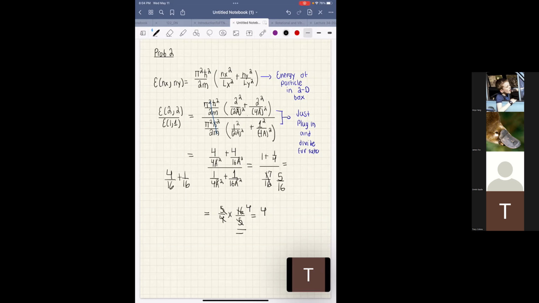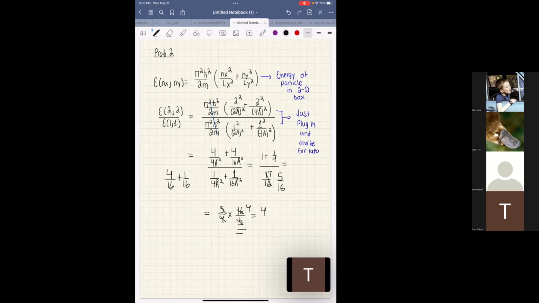Wait, I'm so confused because obviously multiplying the 5/4 by 5/16 still wouldn't get 4. I'm still a little lost on that calculation.